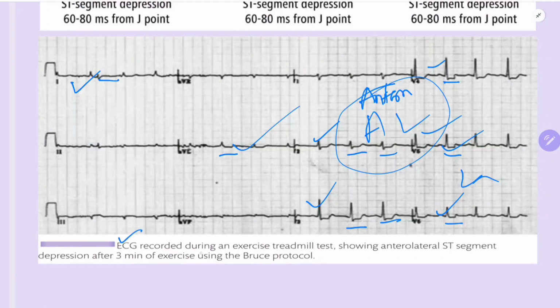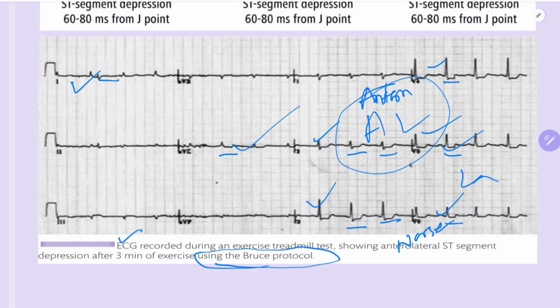See here, it is given: ECG recorded during an exercise treadmill test showing anterolateral ST segment depression after 3 minutes of exercise using the Bruce protocol. So widespread means the anterior leads are involved, the lateral leads are also involved. That means this patient's prognosis is worse.